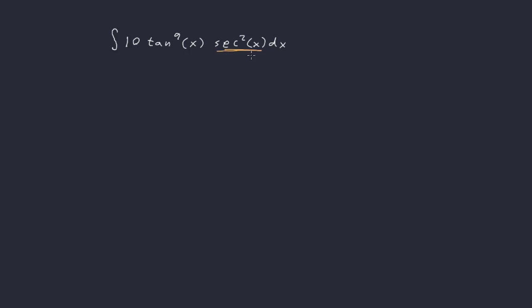And secant squared is the derivative of tan all by itself. So if we let u be tangent of x, then du would be secant squared dx. And so that makes this whole thing du.